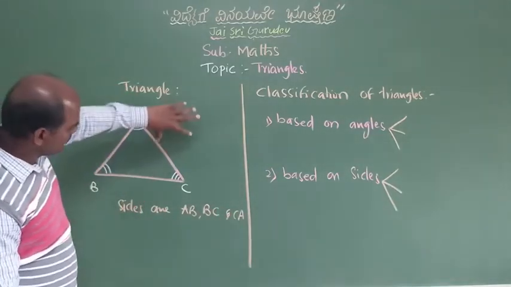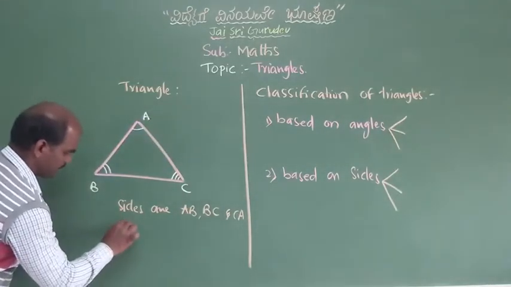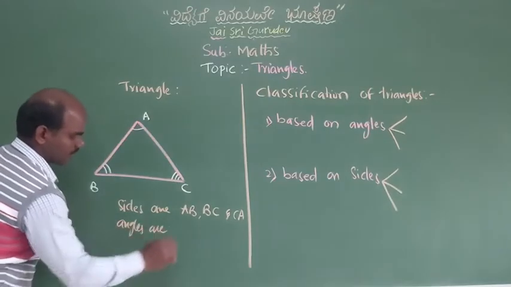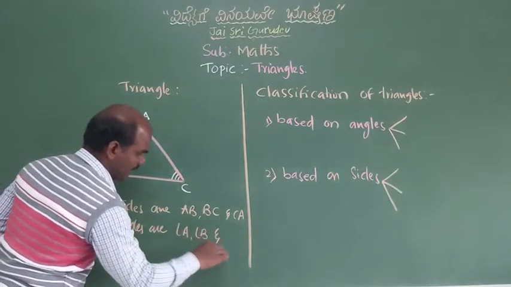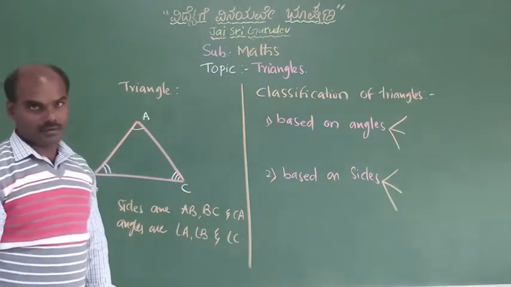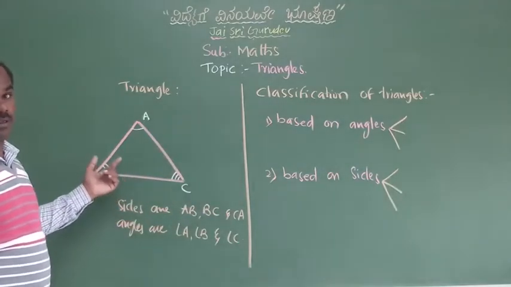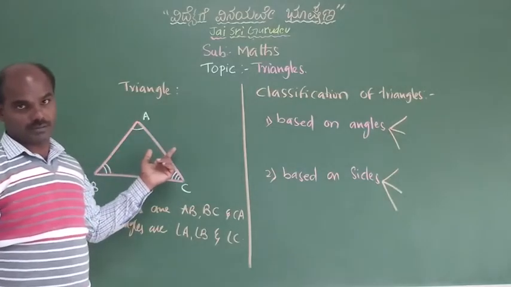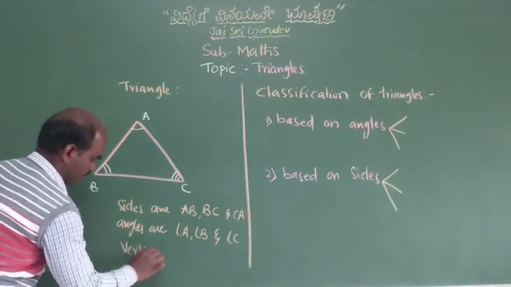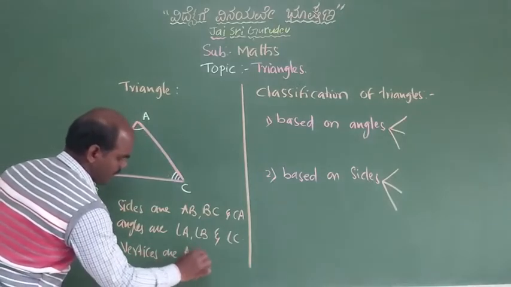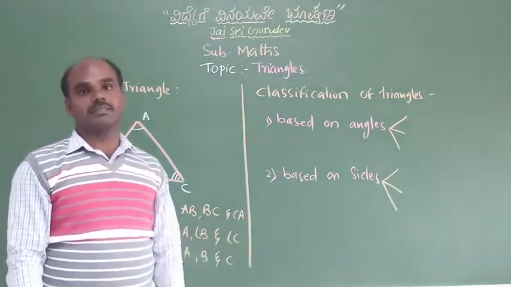And the angles are angle A, angle B and angle C. Then the next part is the vertices. So the vertices are A, B and C. Yes, so these are the vertices.